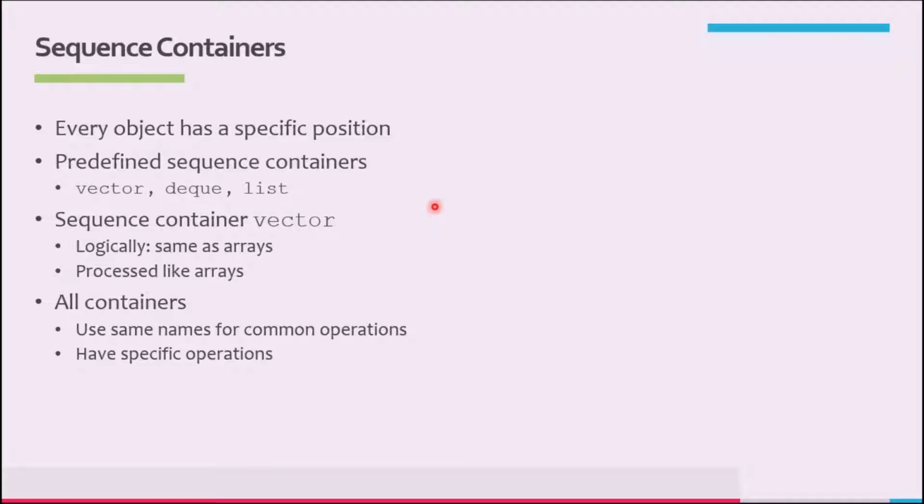We do so because vector containers are logically the same as arrays, and therefore they can be processed like arrays. Also, with the help of vector containers, we can describe several properties that are common to all the containers. In fact, all containers use the same names for the common operations.